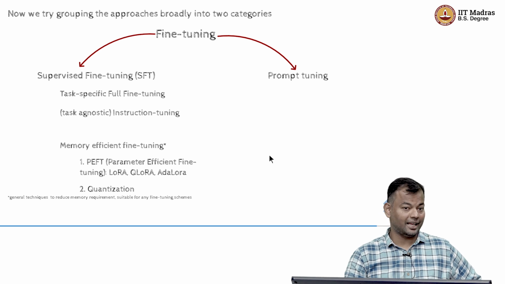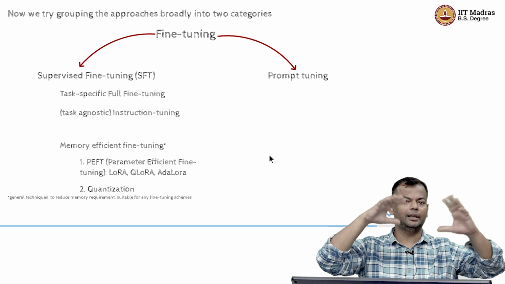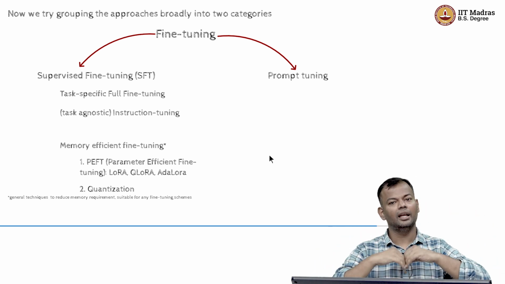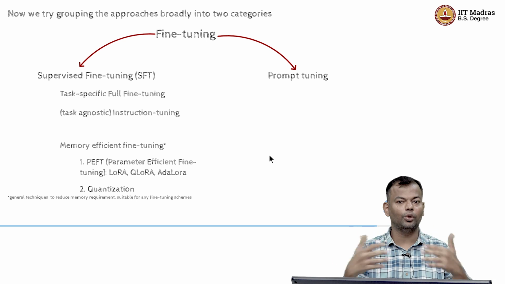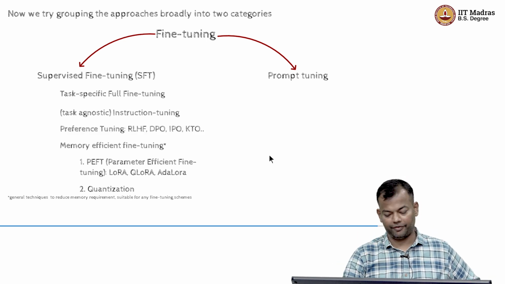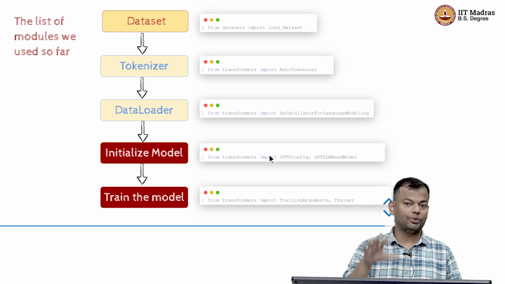Or you could do task agnostic instruction tuning, which is what we looked at the end, where we collect multiple tasks as in the FLAN dataset, translation, summarization, common sense reasoning, and teach it how to follow instructions for each of these tasks. And then you could do further preference tuning on top of that. And in prompting, you could do zero shot, few shot, chain of thought, and other styles of prompting. So all of this is what we want to see in the hands-on.